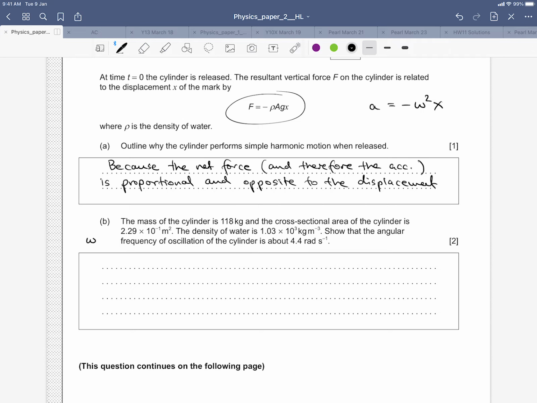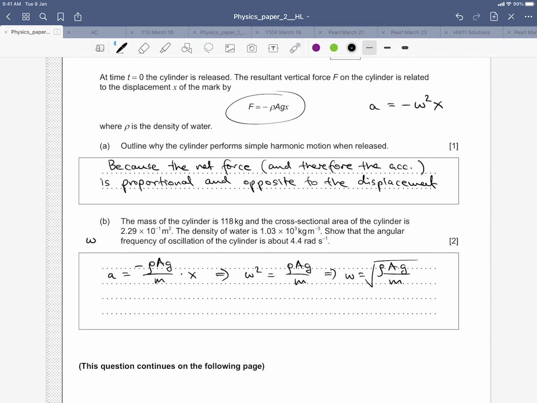I've got the net force, so divide by mass on both sides, and then you're going to get this times x, and from this we can see that omega squared is going to be rho a g over m, which means that omega is the square root of rho a g over m, and they give us all those values.